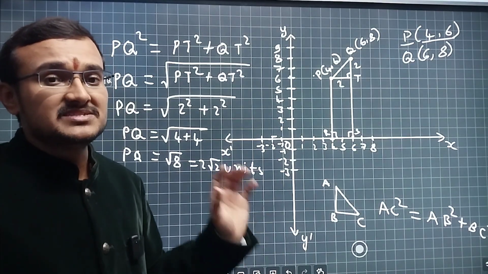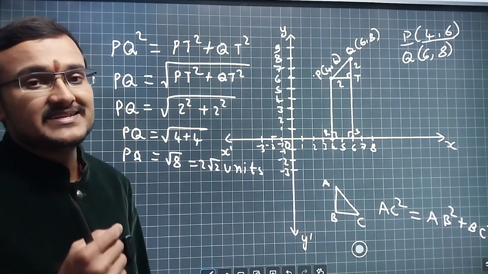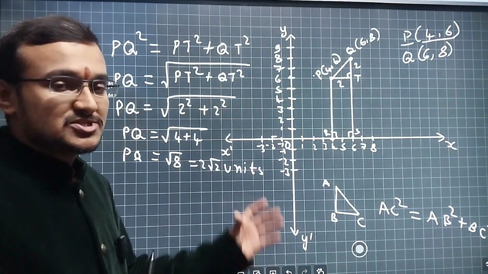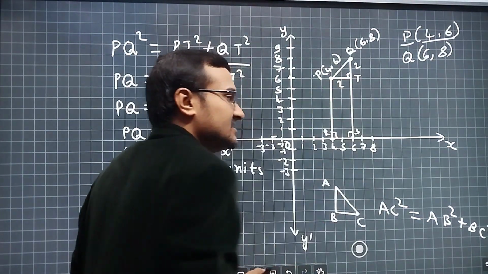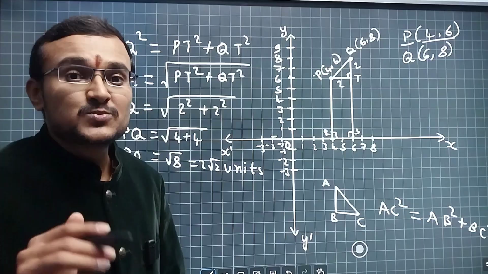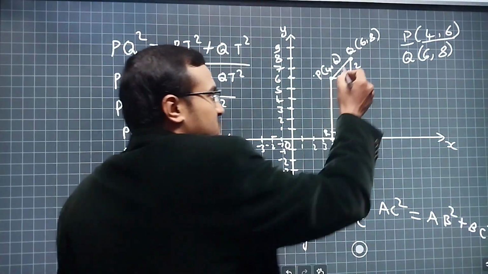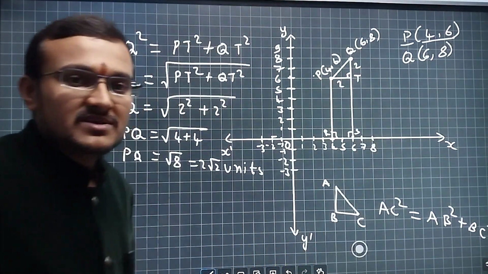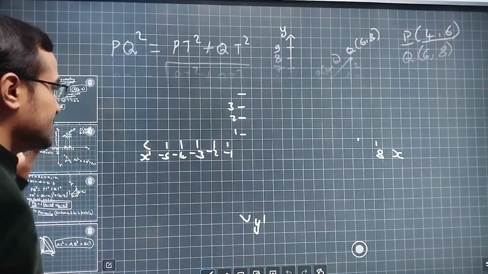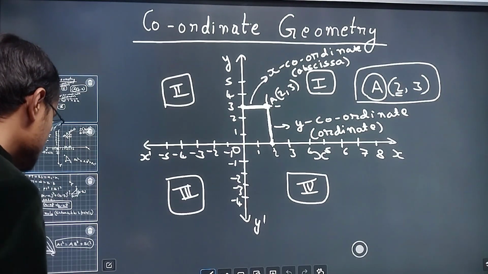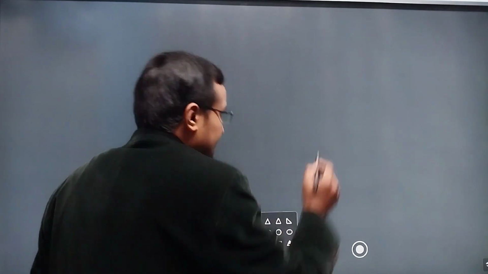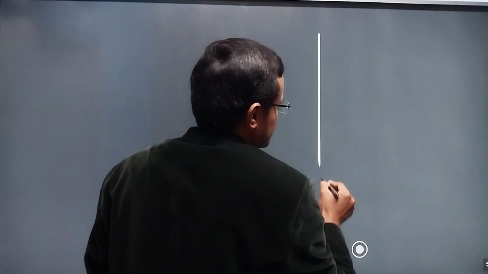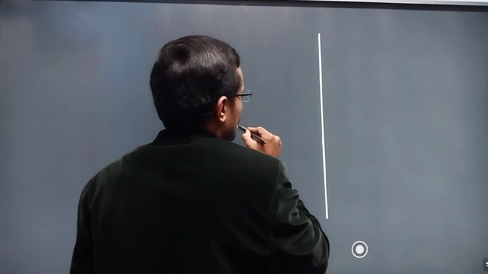But if we want a general formula to find the distance between 2 points on this 2-dimensional graph, then we need to consider this point as x1, y1 and this point as x2, y2. So now we will consider one similar graph. Here again we have a y-axis like this and we'll take an x-axis like this.